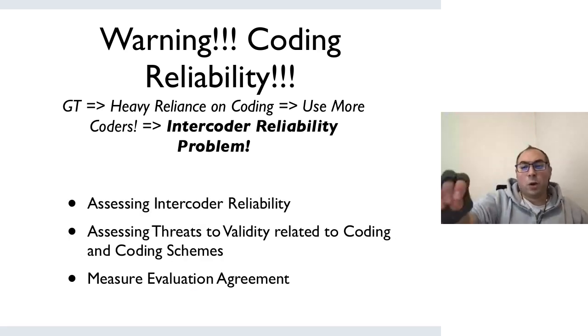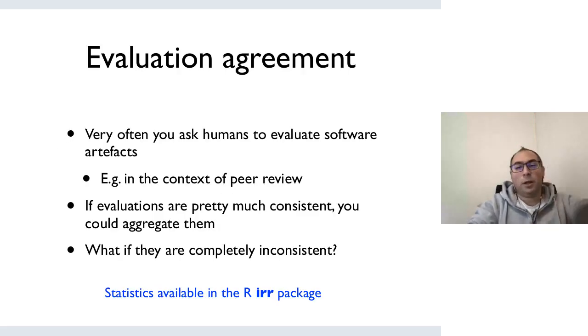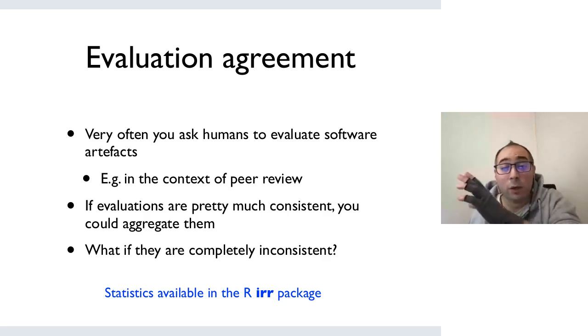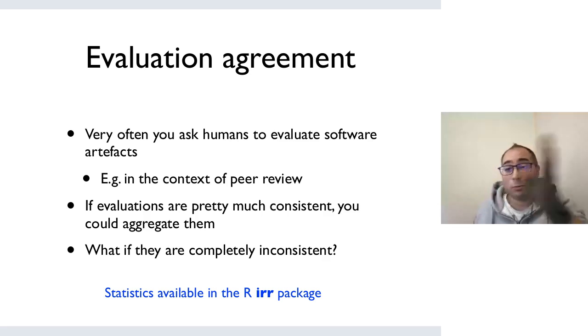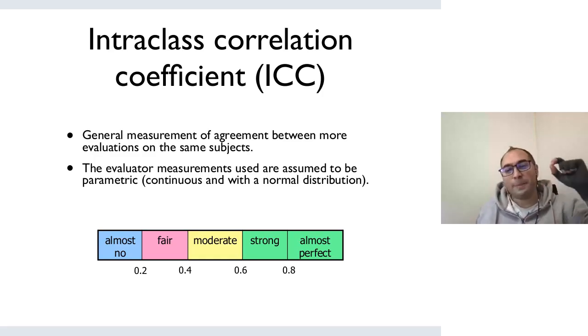All right, so intercoder reliability. We have already established this, and I've already given an example. I think you are very much familiar with evaluations of agreement. There are obviously also quantitative approaches that you can use, such as Cohen's kappa. You know these already, so I will not spend too much time. Know that there is a package in R, IRR, which signifies that you can partially automate this exercise.